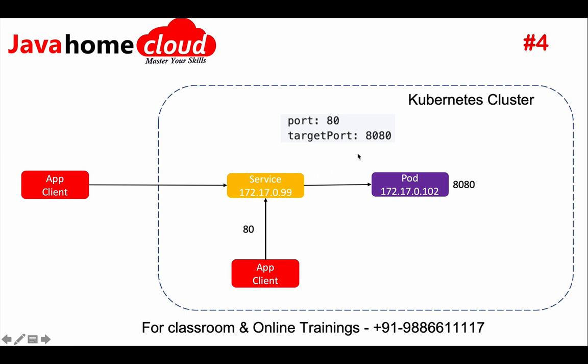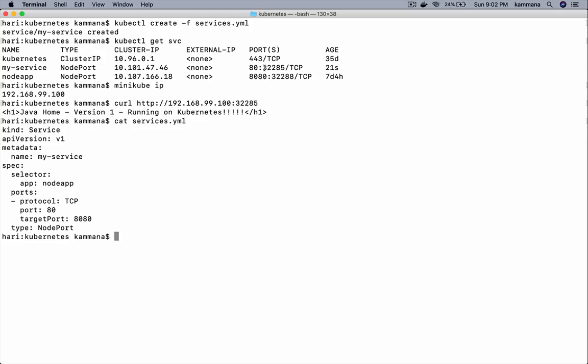Target port: when a request comes to the service, it hits the pod on target port 8080. This port is called the node port. In a cluster, if you have 10 nodes, you can hit any node on this port. It will route traffic to the service.